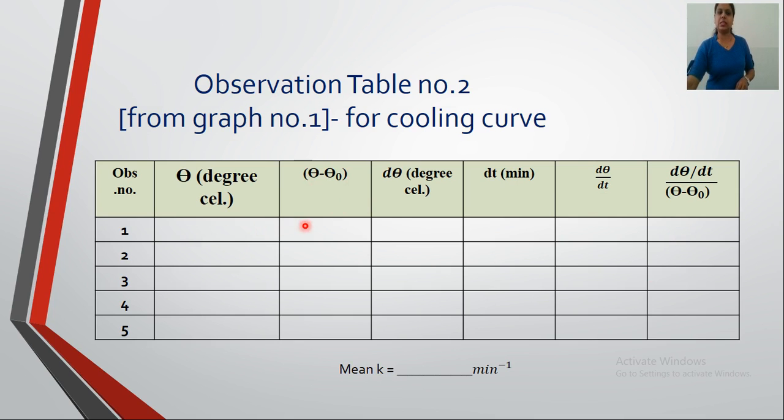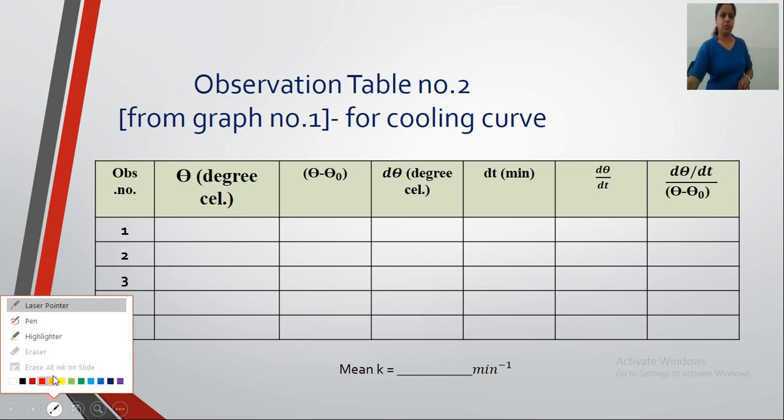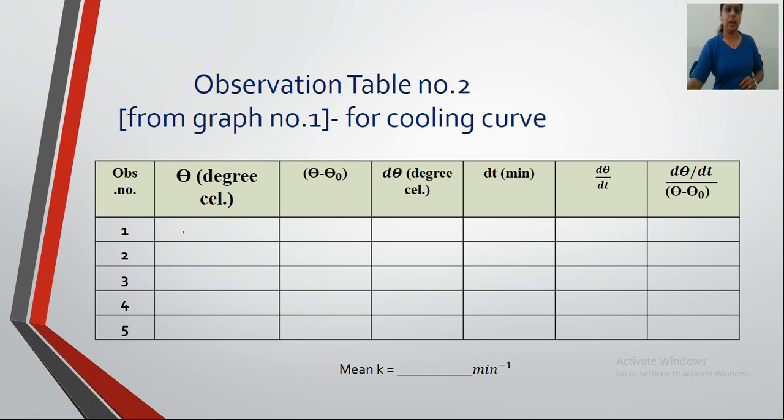So this is just an example for one reading. Suppose I have taken into consideration 60 degrees Celsius, now 60 minus 24.